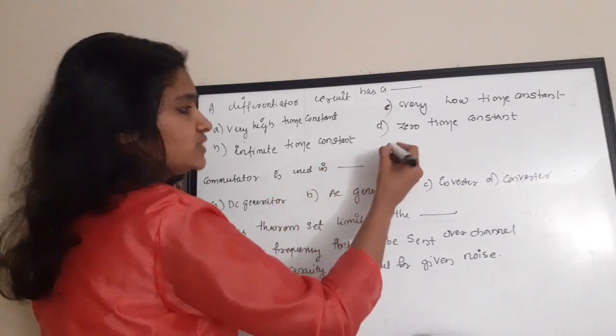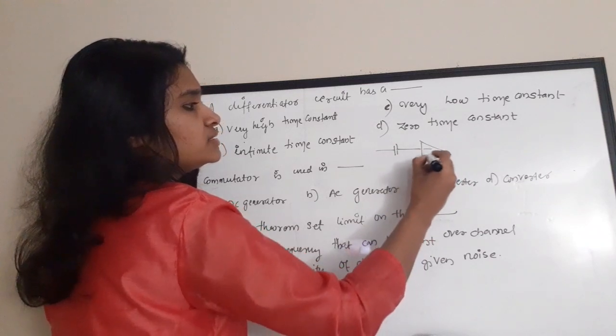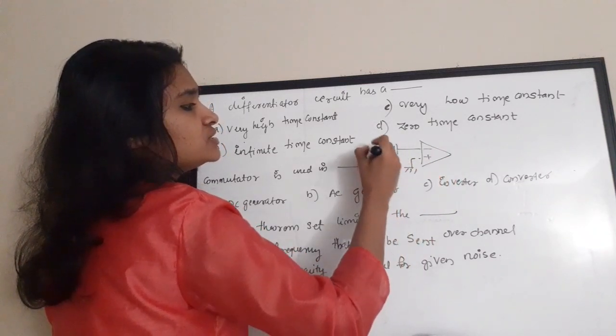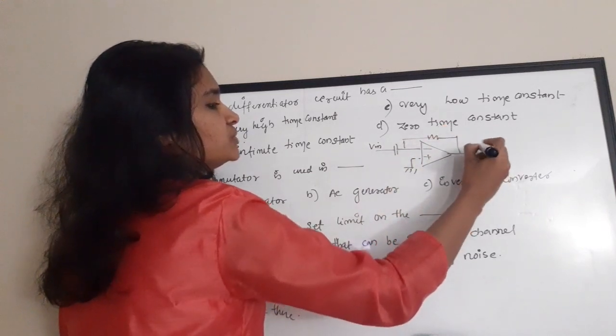The circuit with an op-amp for a differentiator will look like this. There is an op-amp, the positive terminal is grounded. This is the V-in. There is a resistor connected in the feedback loop. This is the output.